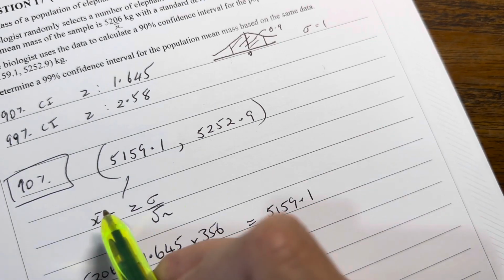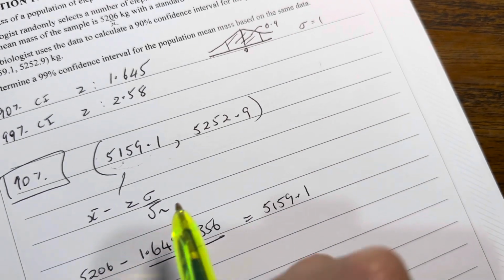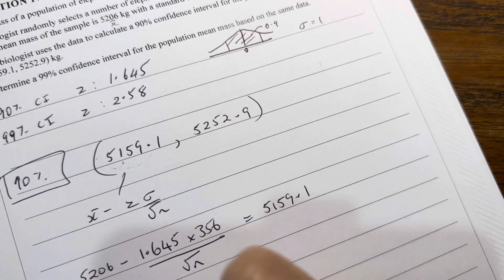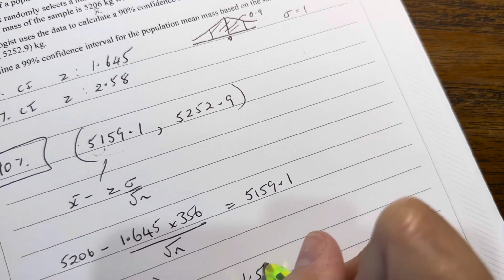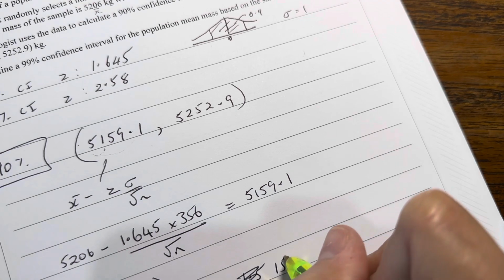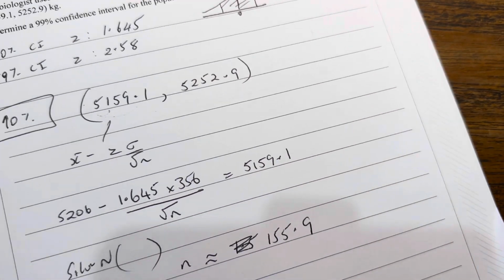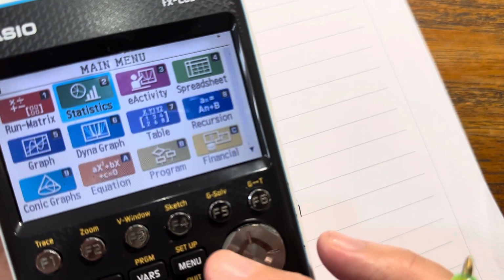Okay, so you can work with either the lower or the upper. You'll get the same result regardless. Go solve n on your calculator, and it will give you n is approximately 155.9. Just showing you for those who maybe want a refresher.